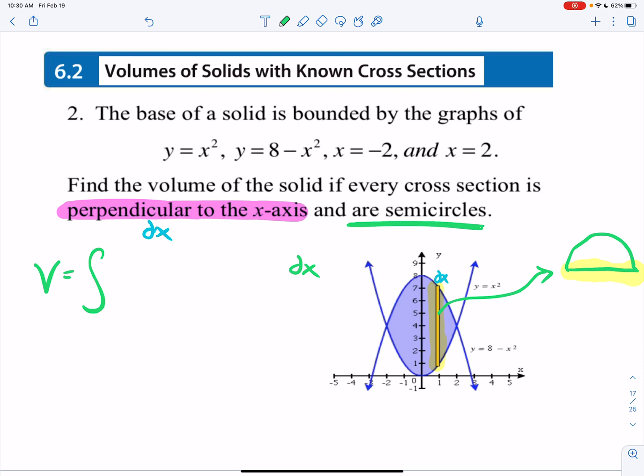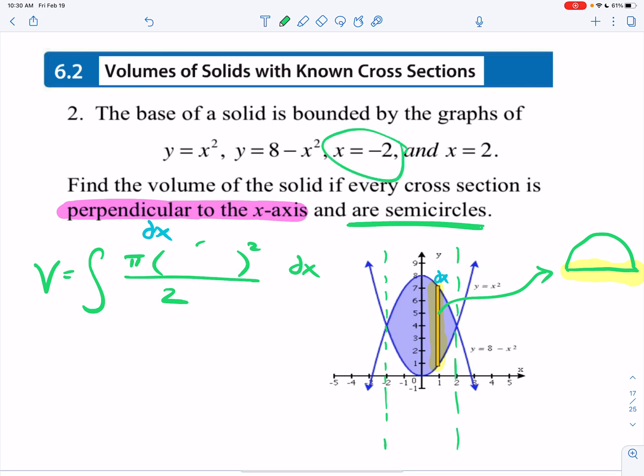Okay, so area of a semicircle is going to be pi r squared over 2. So I fill out the important stuff first, okay? The region starts and stops. Now, they do tell you, but you could actually find the intersection on your calculator. But here, they tell you that it's going from -2 to 2.